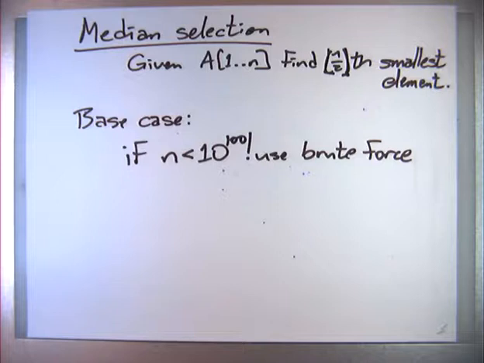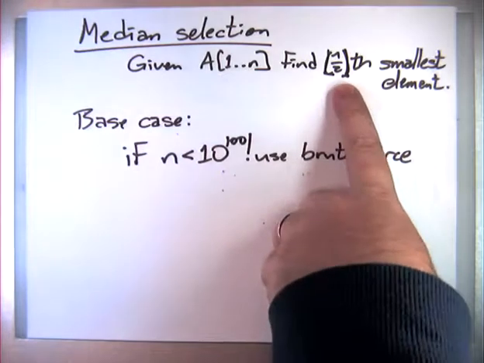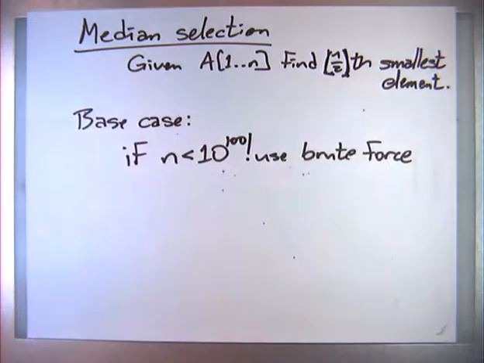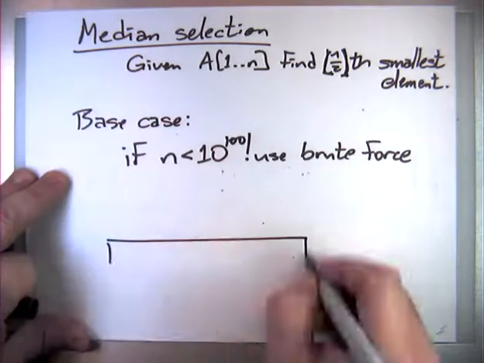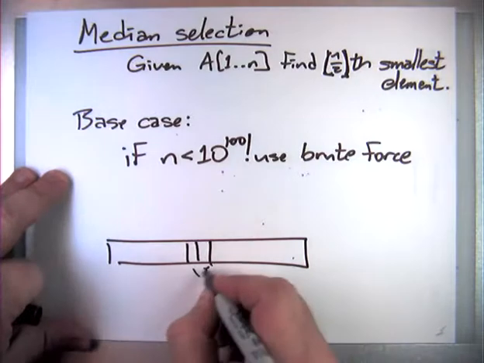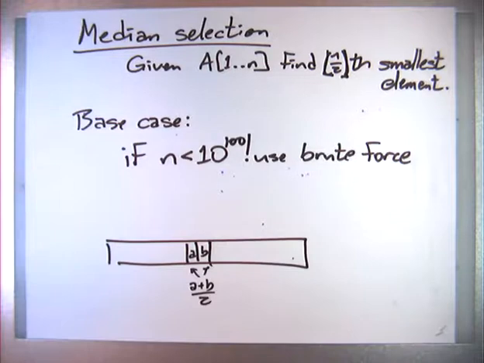Okay, so it really isn't going to matter all that much whether I say floor or ceiling, what I do when n is even or odd, whether I think of the median of a list of an even number of things to be, statisticians like to say that if the two things closest to the middle in sorted order are A and B, and the length of your list is even, you should define the median to be (A plus B) over 2, not actually as one of the elements.